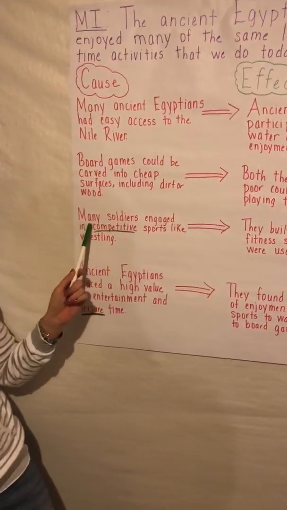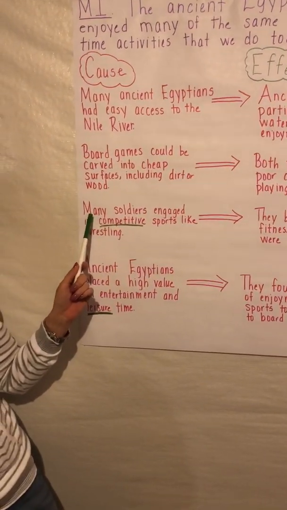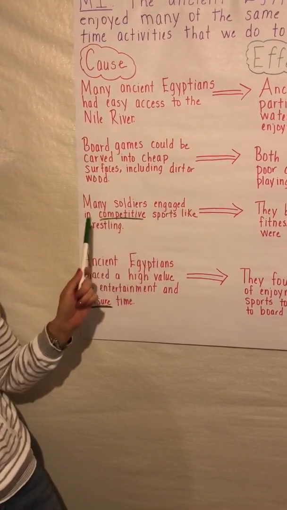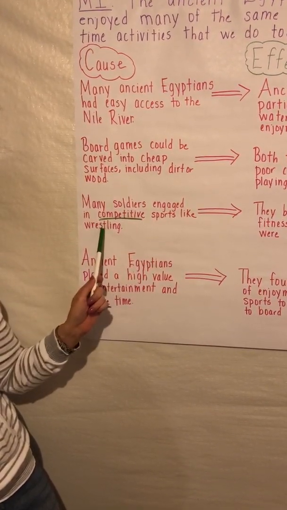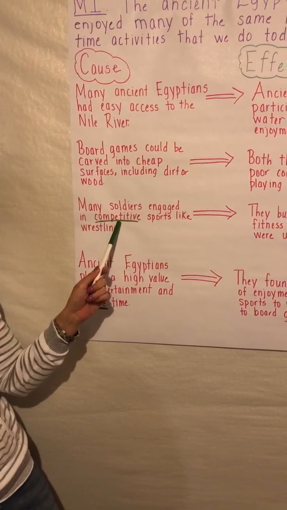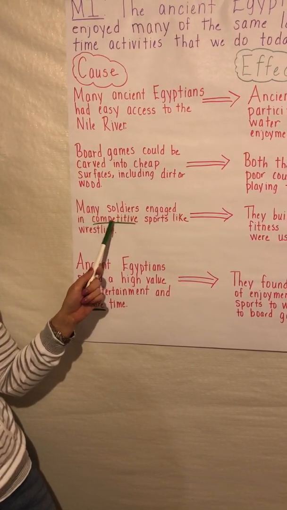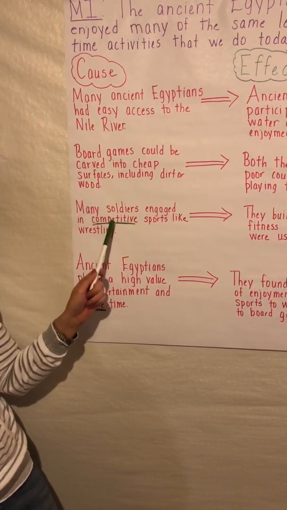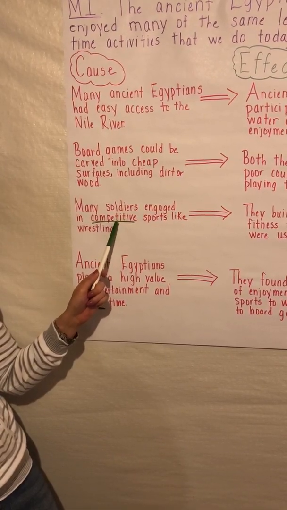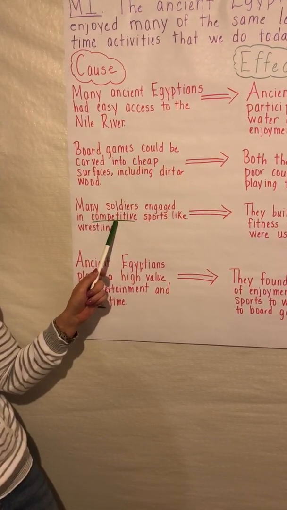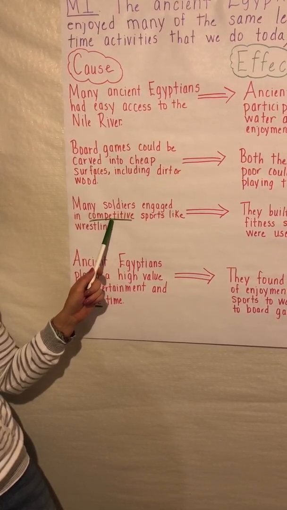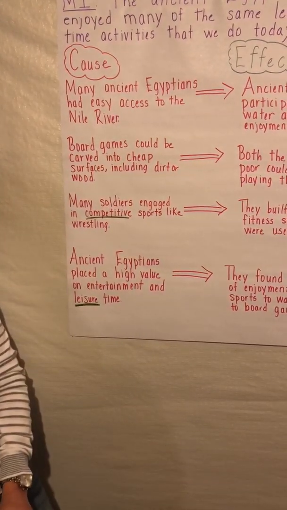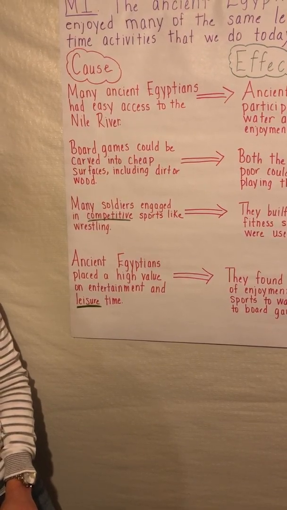The third cause or example says many soldiers engaged in competitive sports like wrestling. You might have noticed that I've underlined this word competitive. This word stood out to me and I wanted to go over its definition. So take a moment to think to yourself what that word might mean. And I'll give you a moment. Competitive.